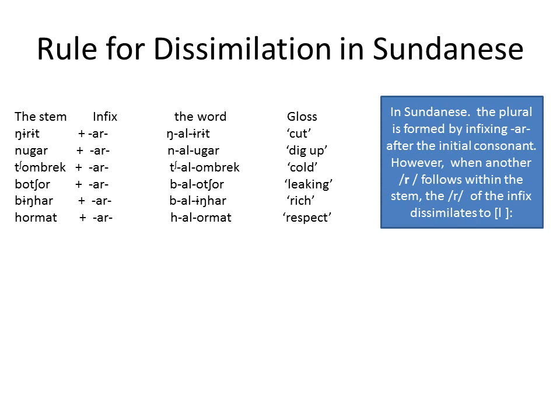The last consonant of the infix changed from R to L because it is influenced by the following stem consonant, which is R. So the two consonants that are in contact are the R of the infix and the R of the stem.